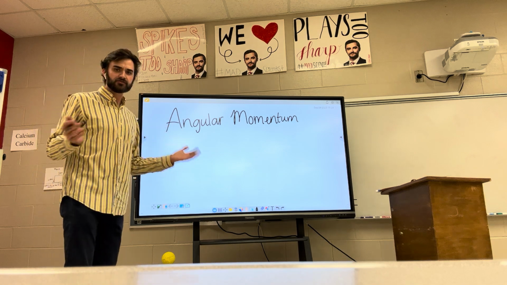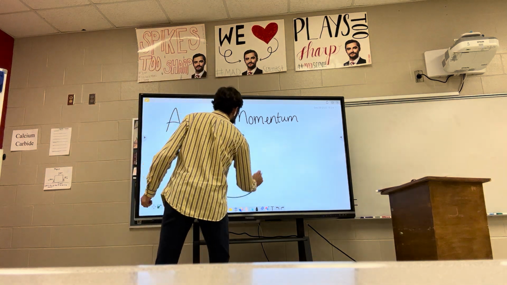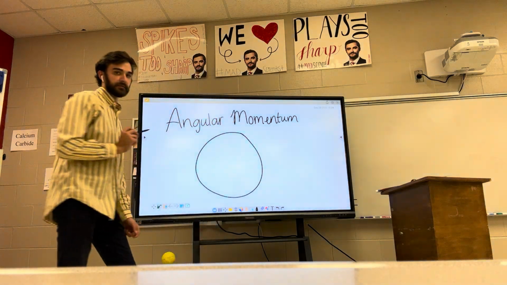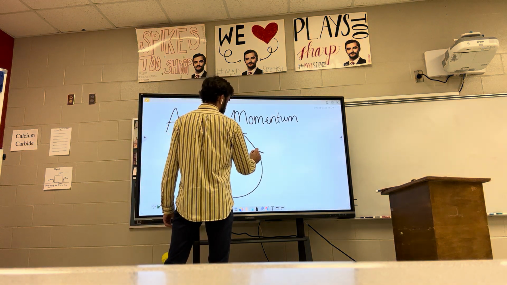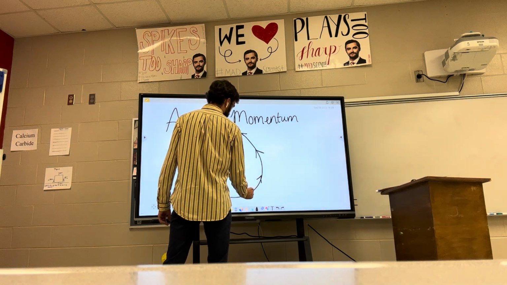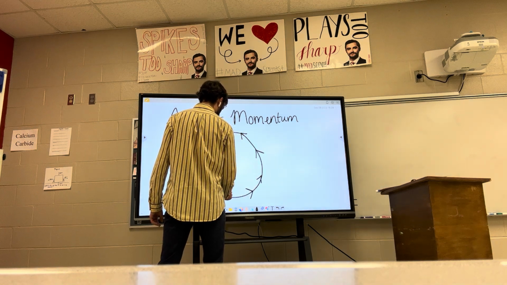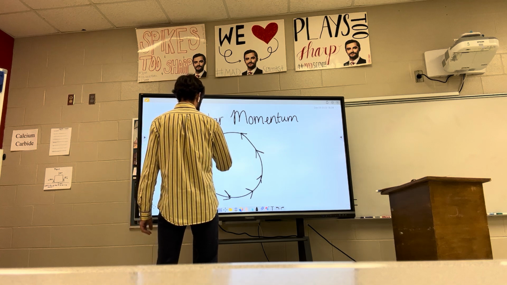So let's go ahead and draw a circle and get an idea going of what is taking place here. I'm going to add a couple of arrows so we can see its direction. Okay, just put an arrow so we know the direction here.